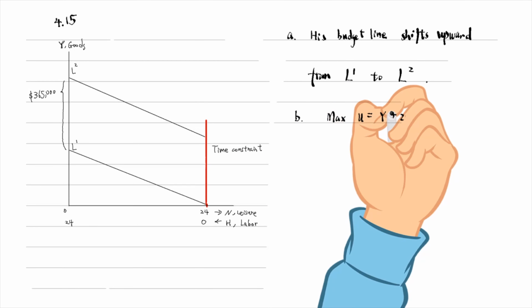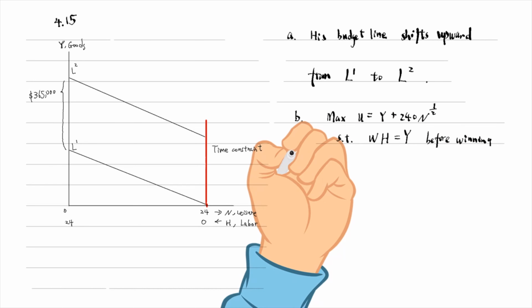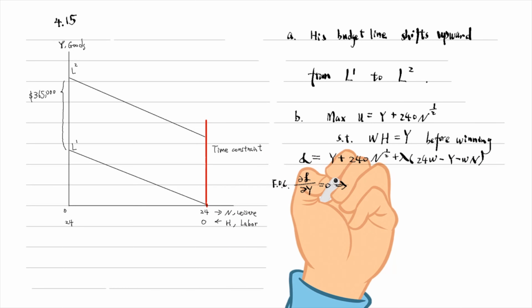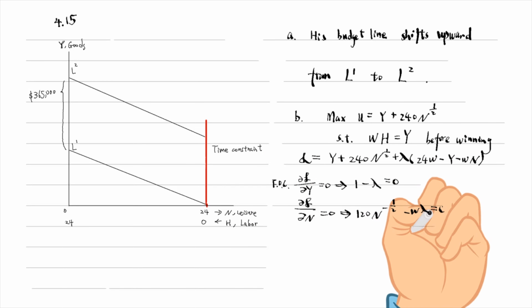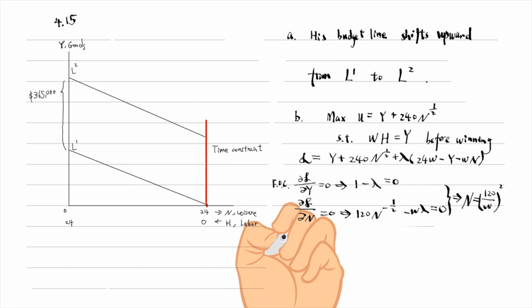We can use the Lagrangian method to find the optimal choice of leisure and work hours. The first two first-order conditions give the solution for leisure.